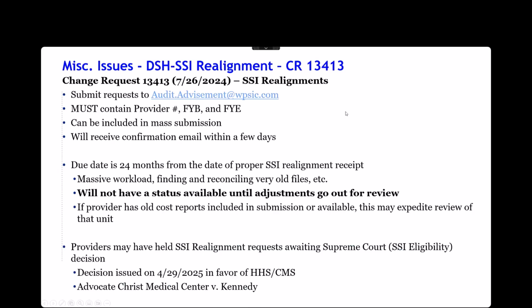To show us what that realigned ratio is. You don't have to provide any other information, just these 3 things. You can certainly include multiples in one email or one letter.